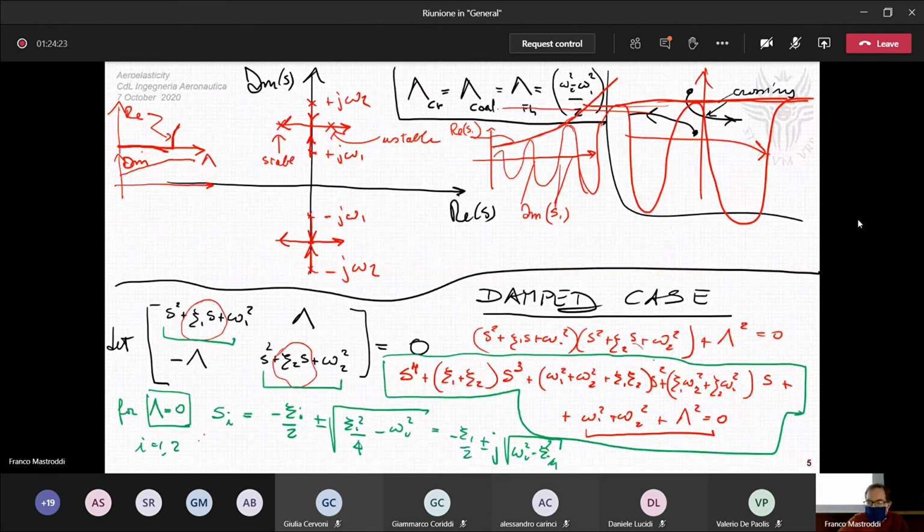Now we have this polynomial of fourth order, complete with the odd terms s to the power 3 and s to the power 1.